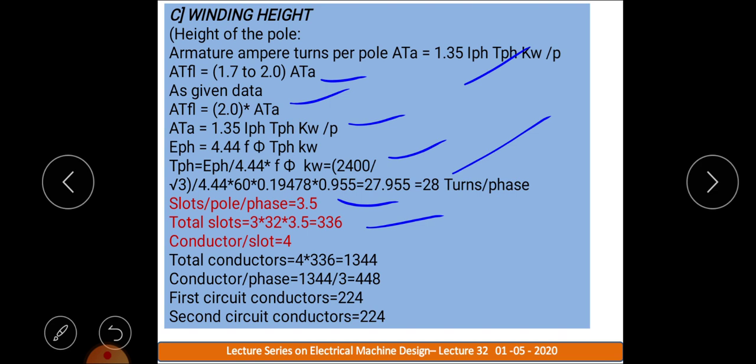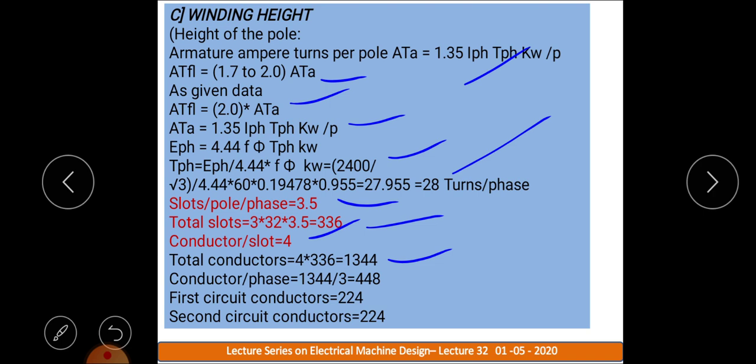We are going to get total slots as 336. Conductor per slot is given as 4 in the problem statement. So total conductors, we are going to get as 4 into total slots, 336 into 4, we are going to get 1344.